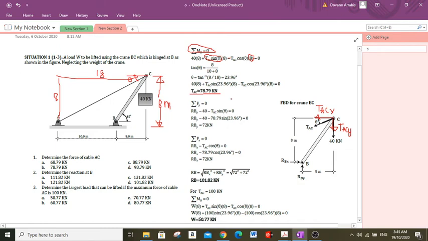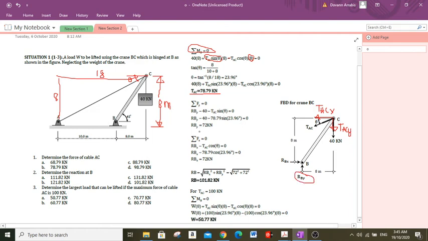So we still have two equations of static equilibrium, the summation of forces y and the summation of forces x. We will use the summation of forces y to get the magnitude of this force RBY.